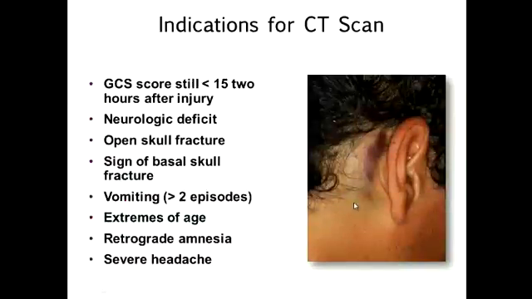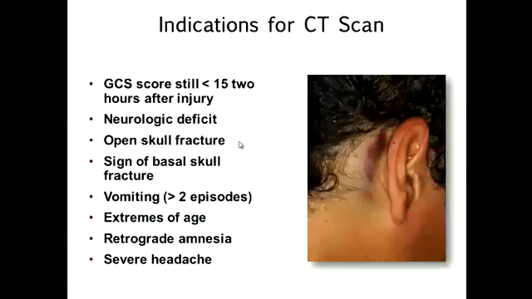So having said all that, which patients need to obtain CT scan? Well, any patient, even mildly injured patients, who have a Glasgow Coma score of less than 15, still 2 hours after injury, should receive a CT scan if they have not already had one.